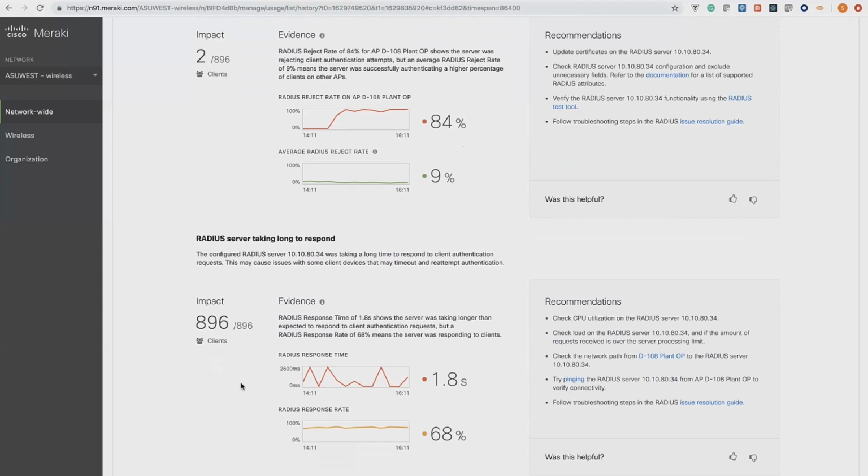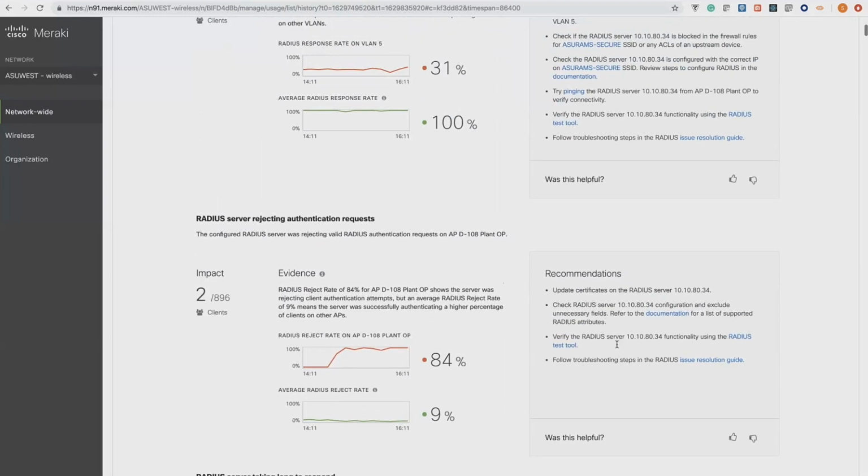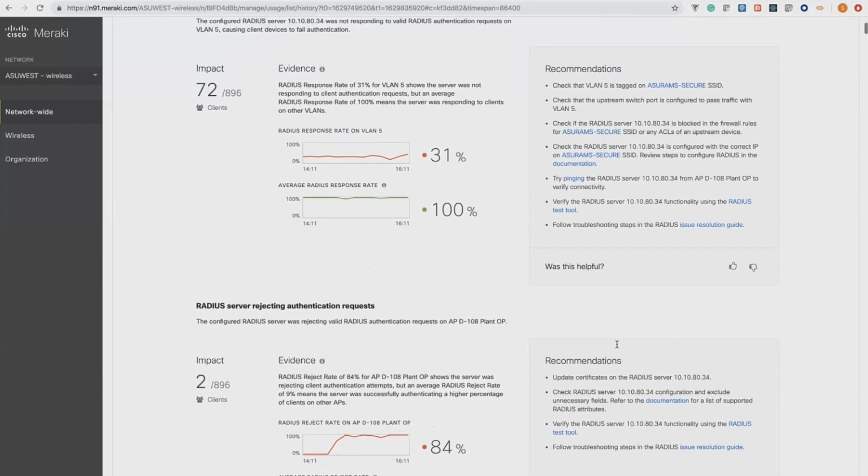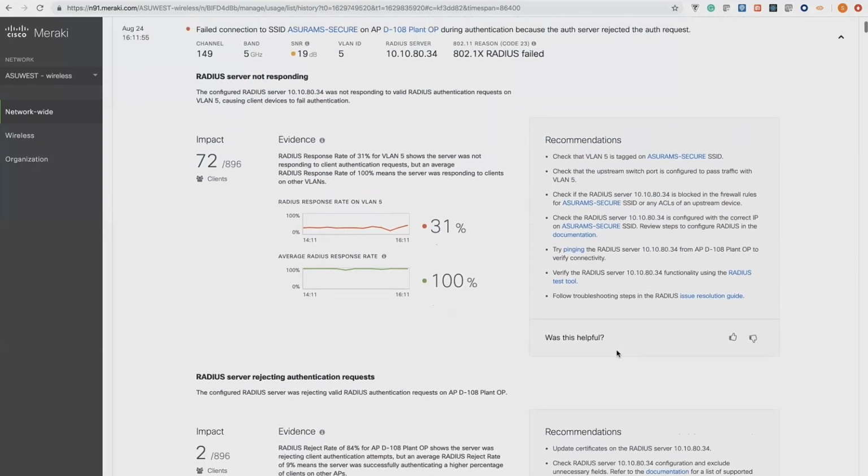Because the response time on the network, obviously something's going on here because it's taking 1.8 seconds for the radius server to respond. So that may be indicative of something happening on the LAN side and something to check out. Now you can have some recommendations to try to ping the radius server to get latency. But these recommendations, as you can see, are changing as you move across the different RCAs.